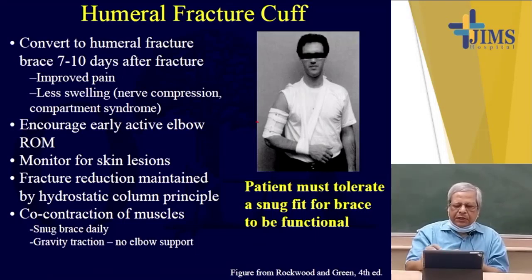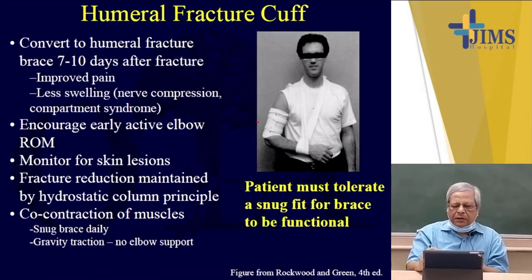Here you can see the patient is free to move. It's a fracture shaft humerus. The patient is free to move the shoulder and the elbow. So the joint stiffness problem is avoided, at least to some extent.